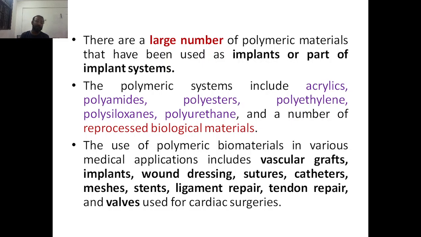We know that a ligament is the structure which connects bone with the tissues. That particular part acts as a middleman here. It is also not a hard structure; it looks almost like a polymer. So you can use it for ligament repair or tendon repair, and also for the valves we use in cardiac surgeries, as we discussed in the previous slides.